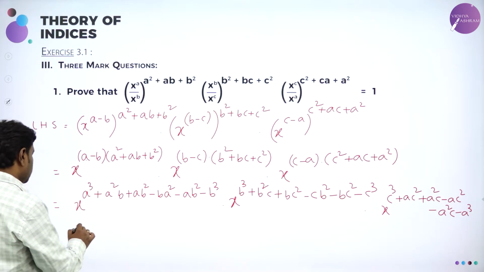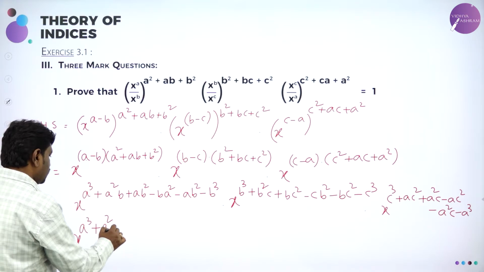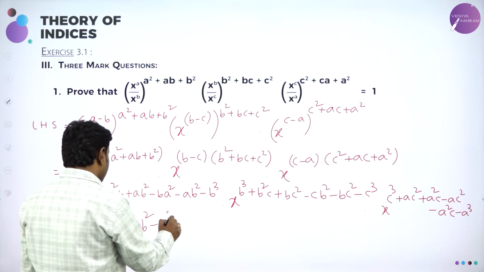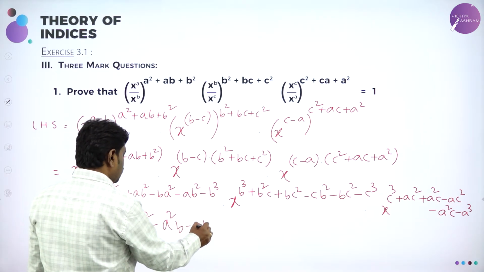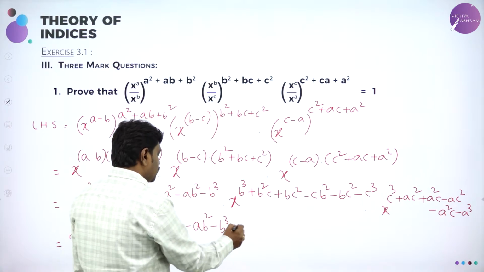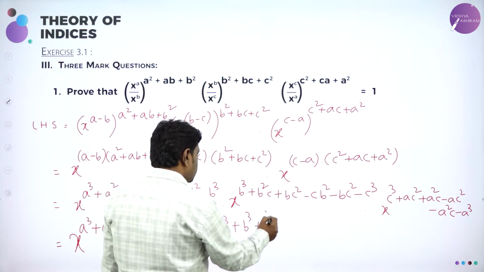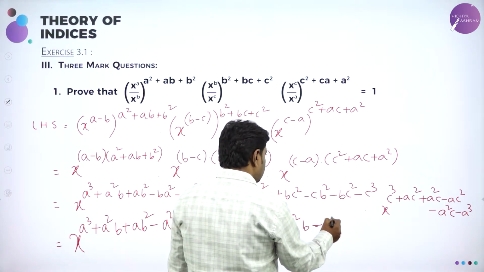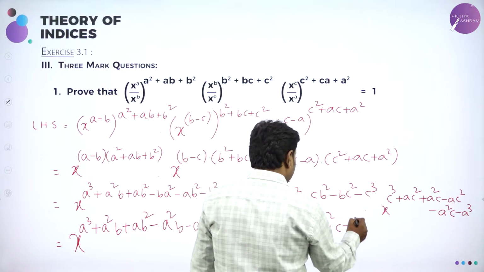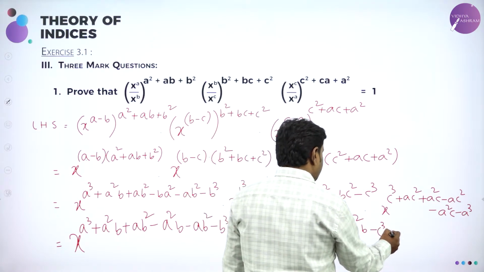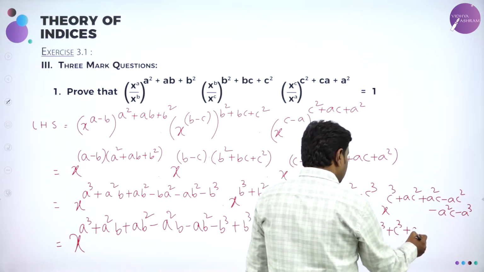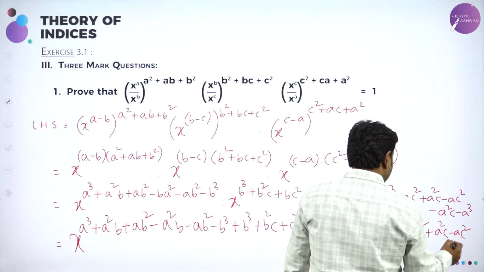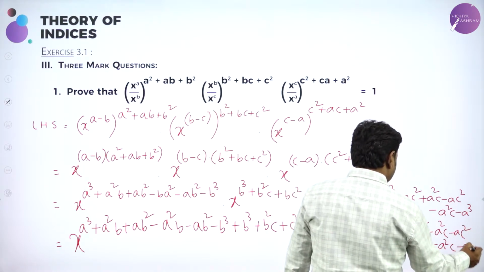So x power a cube plus a square b plus ab square minus a square b minus ab square minus b cube, plus b cube plus b square c plus bc square minus b square c minus bc square minus c cube plus c cube plus ac square plus a square c minus ac square minus a square c minus a cube.